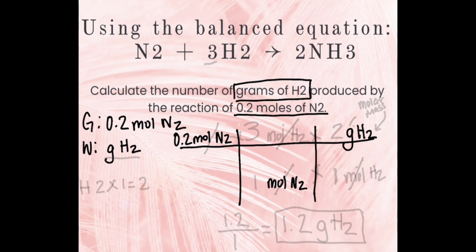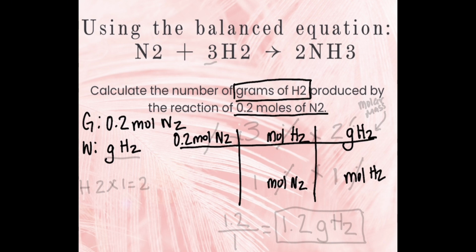Then in the numerator, I'm also going to have moles, but moles of H2, the mole of what I want. If I have moles of H2 in my numerator, that means that diagonally, I am going to have the moles of N2 in my denominator. That way, I am all set up to cancel out my like term units.